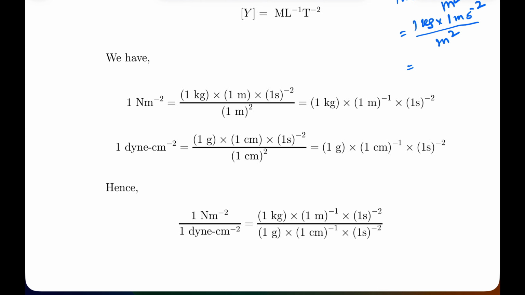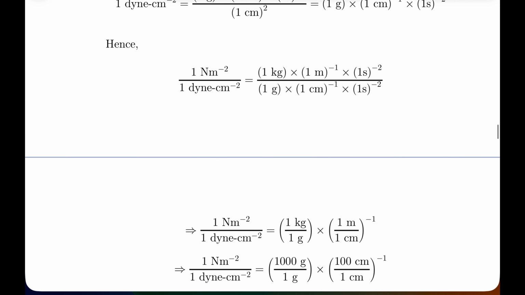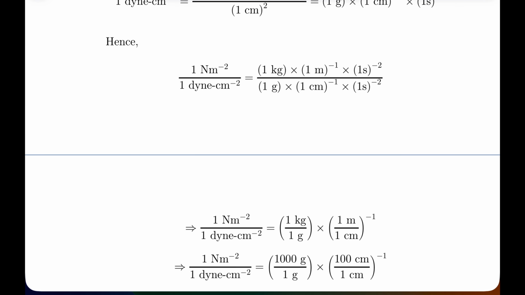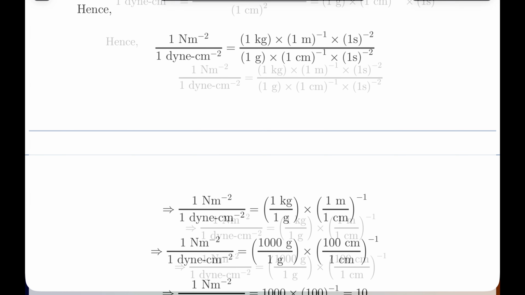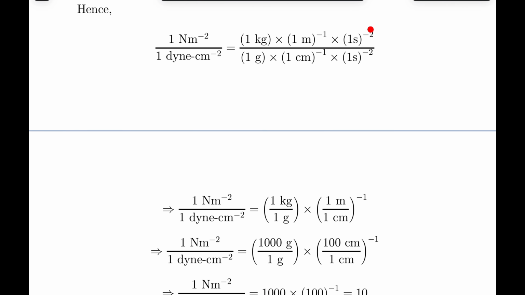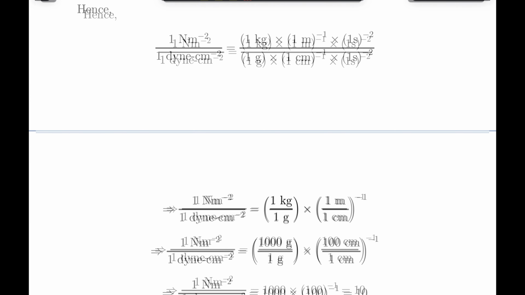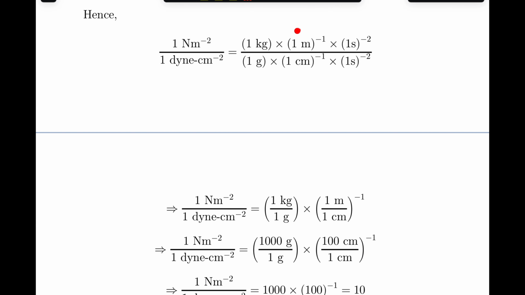So here we have 1 kilogram by 1 gram. This term in the numerator cancels with this term in the denominator. So this cancels out. This is 1 meter to the power minus 1 upon 1 centimeter to the power minus 1. So we write it as 1 meter by 1 centimeter whole to the power minus 1.